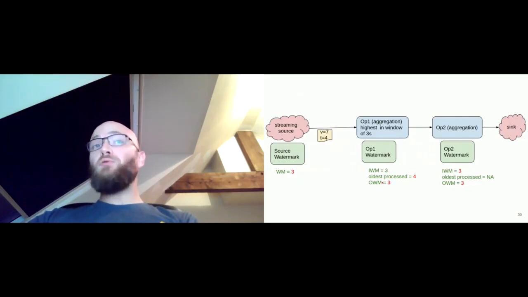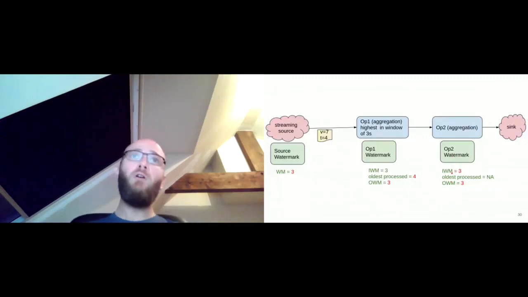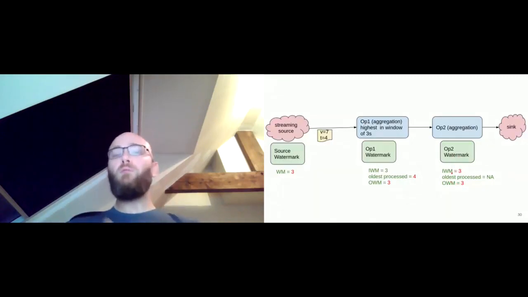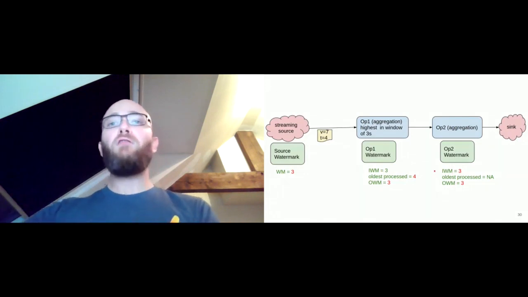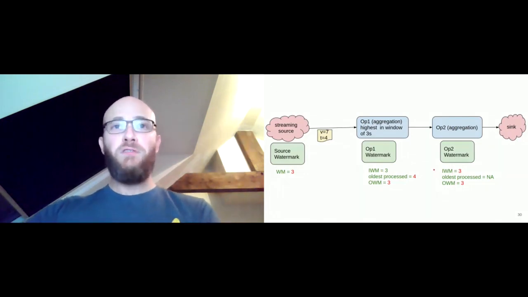As the output watermark of operation 1 is updated, the input watermark of operation 2 will be updated to its value, so it will now be 3. And the local output watermark of operation 2 will also be updated to 3. So now you know how the watermark gets updated with the arrival of values and throughout the operations.